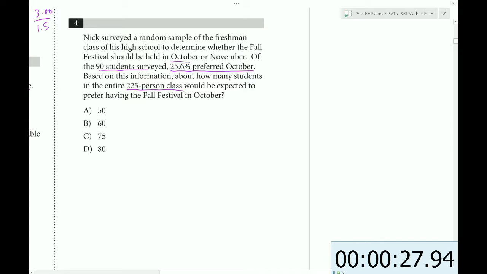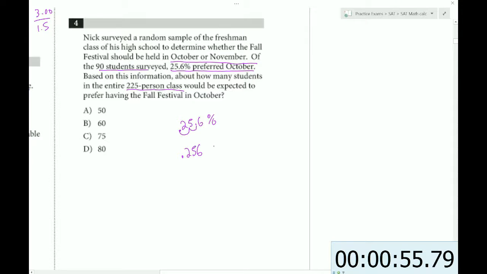So the idea here is that whatever percent preferred October in the original sample, assuming that wasn't a biased sample, we can use that same percentage for the entire population. So we could do 25.6%. Percent is divided by 100, or move the decimal twice to the left. So this is this number as a decimal.